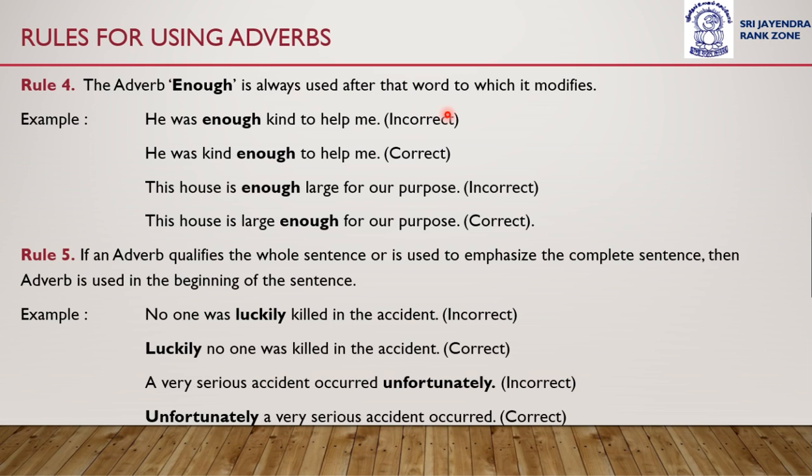The adverb enough is always used after that word which it modifies. So instead of writing this house is enough large, we will write this house is large enough for our purpose. This way, everyone will be comfortable.